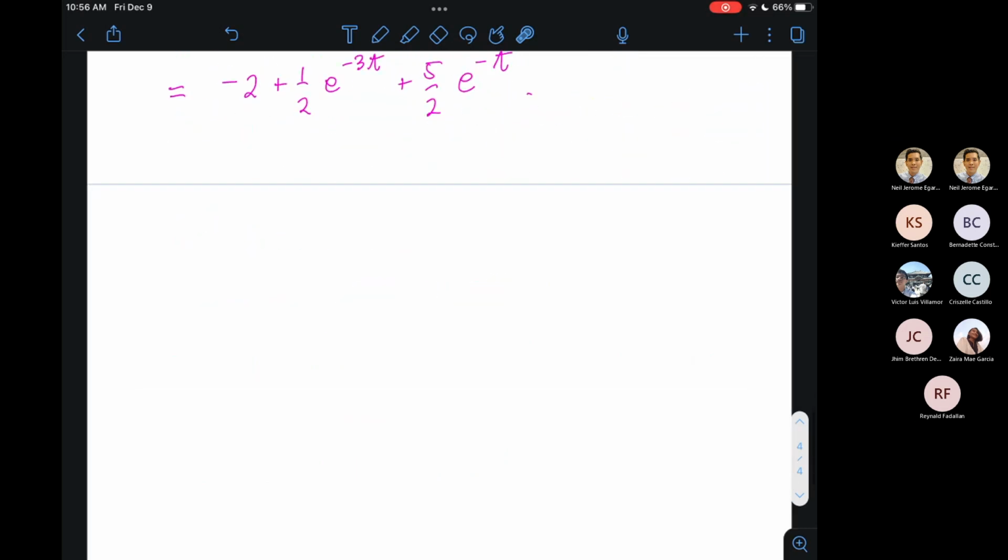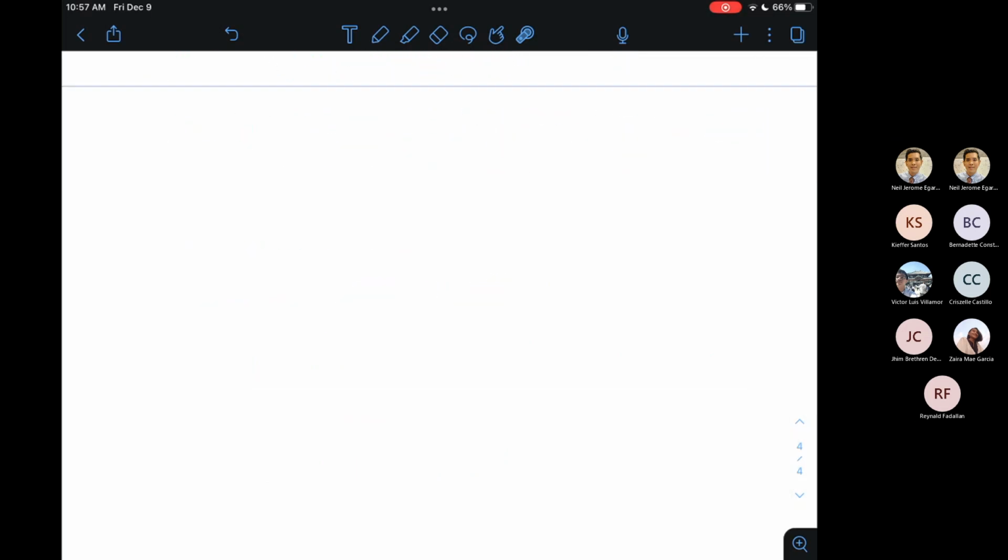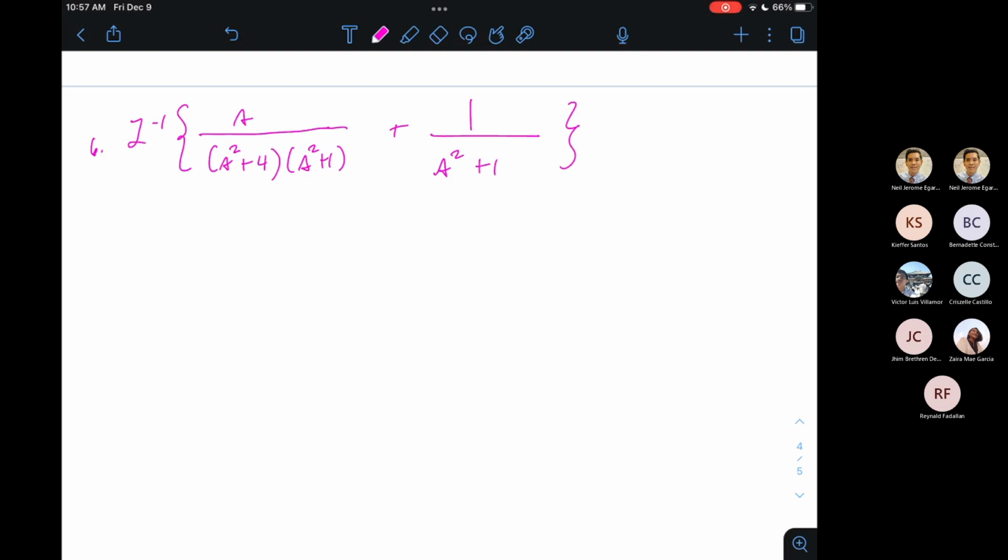The last example in the slides is this one. Inverse Laplace transform of s over s squared plus 4 times s squared plus 1, plus 1 over s squared plus 1. Okay.